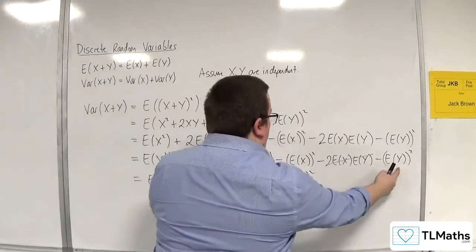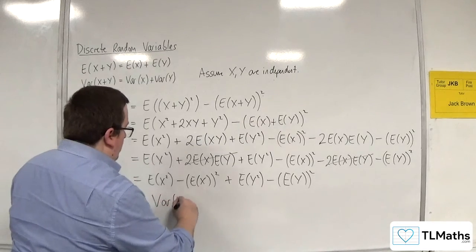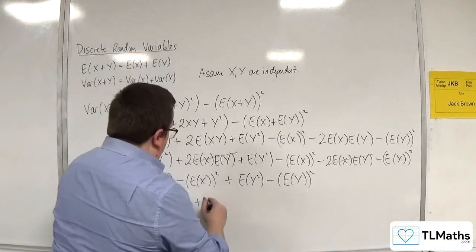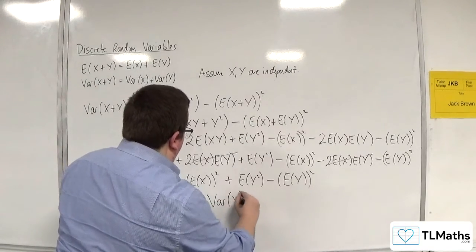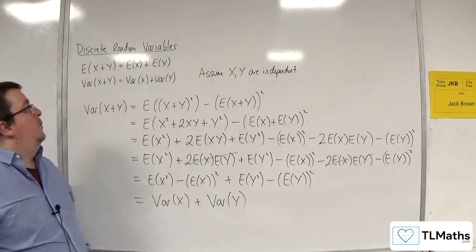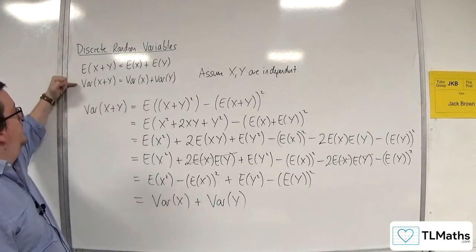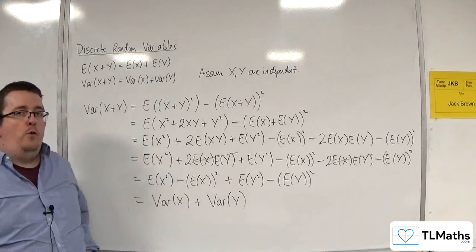And of course that is var of x, and that is var of y. And so we need to have x and y independent for this second one, but you don't need it for the first one.